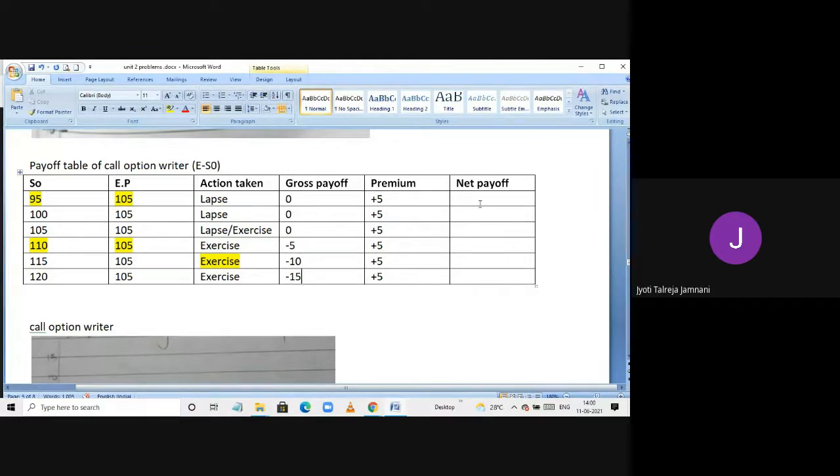So now if we look at the net payoff, 0 plus 5, 5 rupees, 0 plus 5, 5, 0 plus 5, 5, minus 5 plus 5 is 0, minus 10 plus 5 is minus 5, and minus 15 plus 5 is minus 10. So wherever Mr.